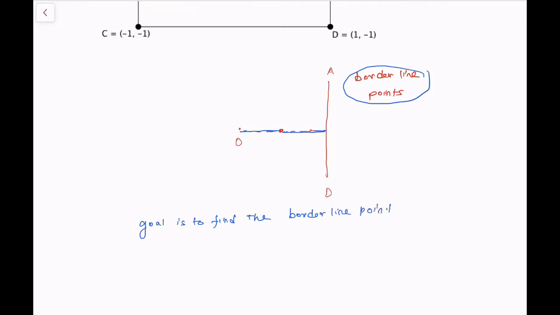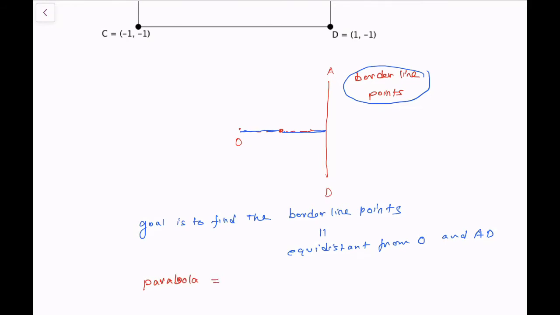And what do I mean by the borderline points? The points which are equidistant from O and AD. Now this is a very standard locus definition of a parabola. If you recall from your coordinate geometry lessons, what is a parabola?